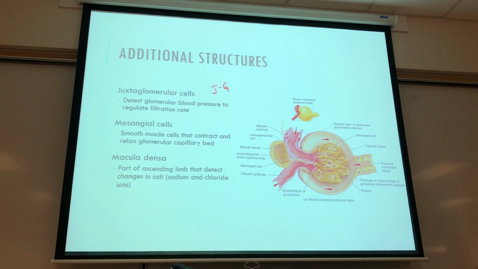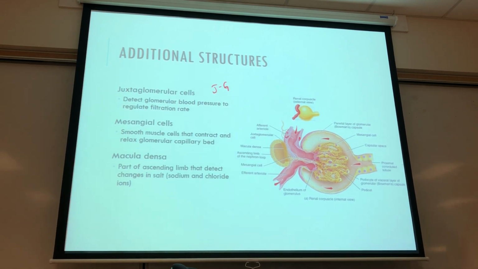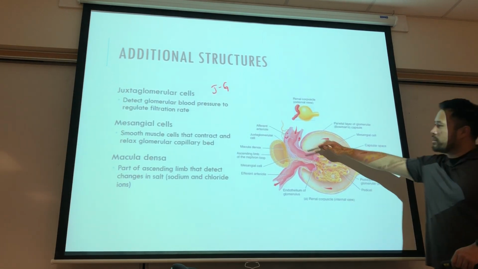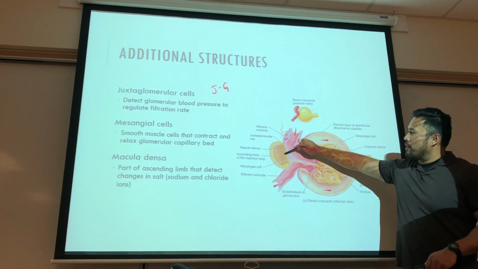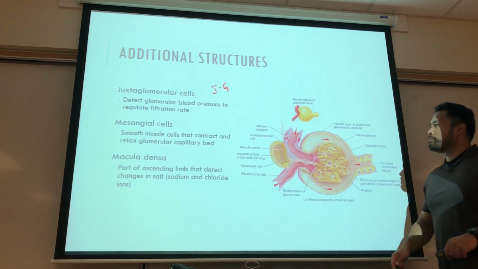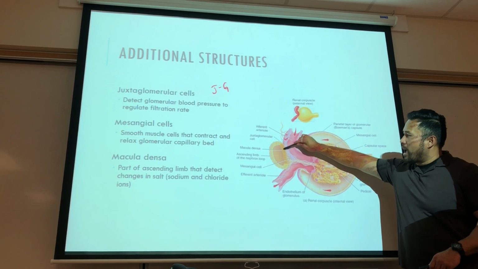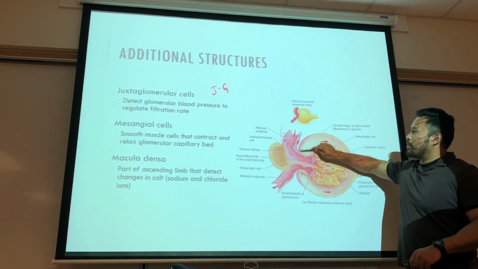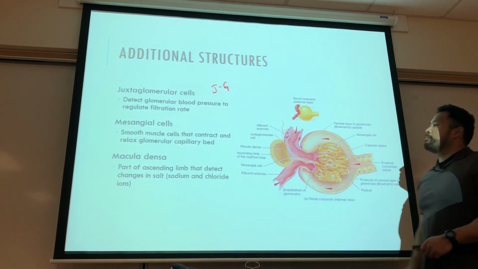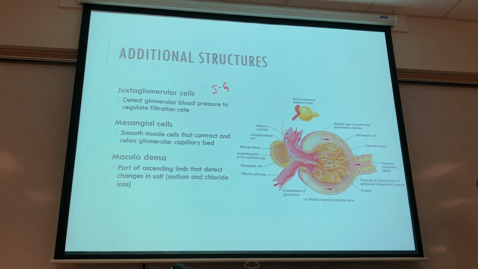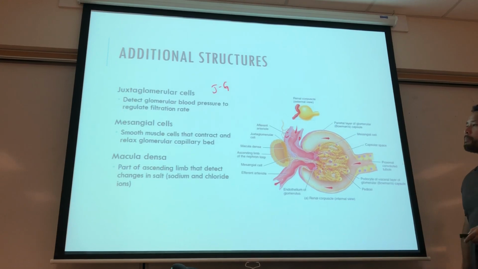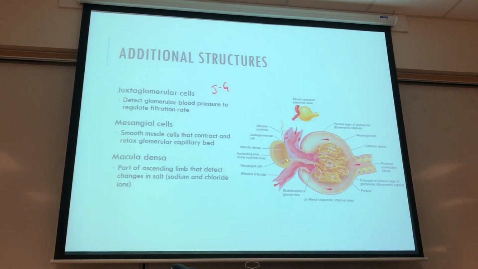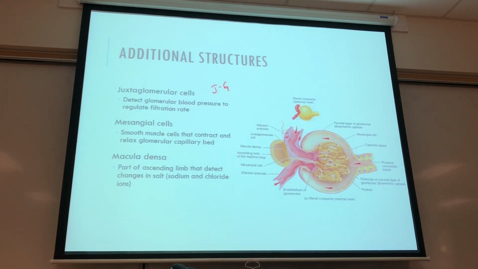The other portion is called the macula densa. The macula densa are chemoreceptor-filled cells that are part of the distal convoluted tubule. They provide feedback to the juxtaglomerular apparatus that will help regulate the flow of blood into this area. What the macula densa specifically detects is the salt concentration.